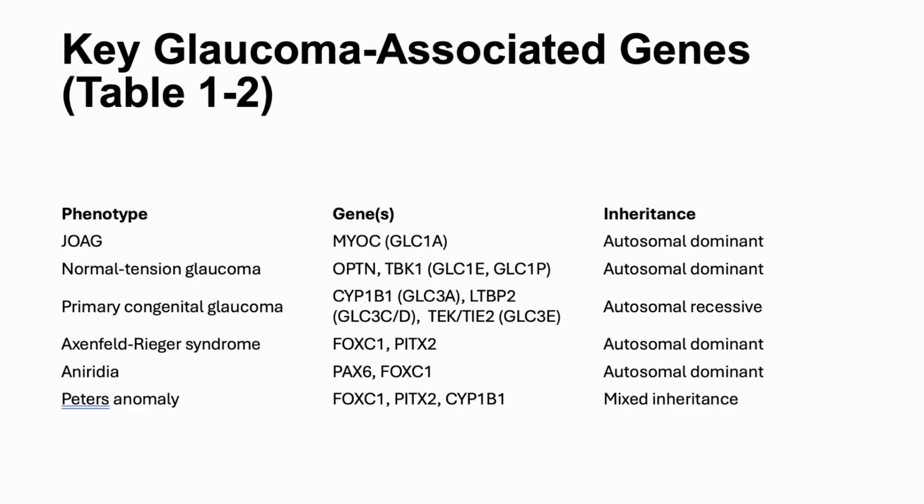CYP1B1, LTBP2, TEK, and ANGPT1 are associated with primary congenital glaucoma. PITX2 and FOXC1 are seen in Axenfeld syndrome. PAX6 is associated with aniridia, and CYP1B1, FOXC1, and PITX2 are linked to Peters anomaly, which has mixed inheritance patterns.